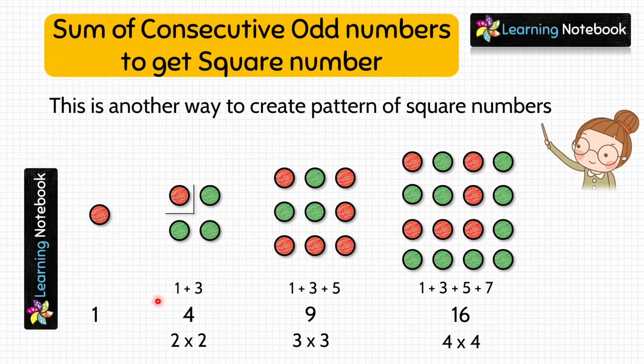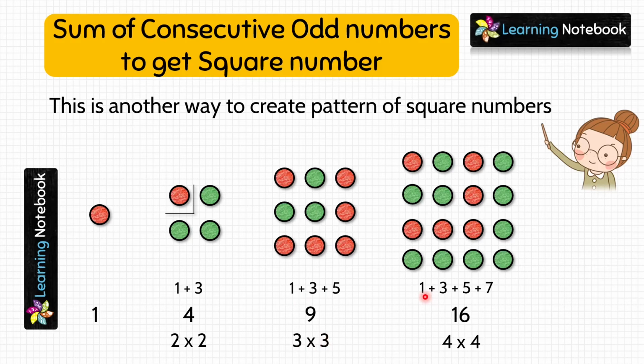Now students, look here. These are the first 2 consecutive odd numbers, 1 and 3. So here we have 2 into 2. Next, here we have 3 consecutive odd numbers. So we have 3 into 3.